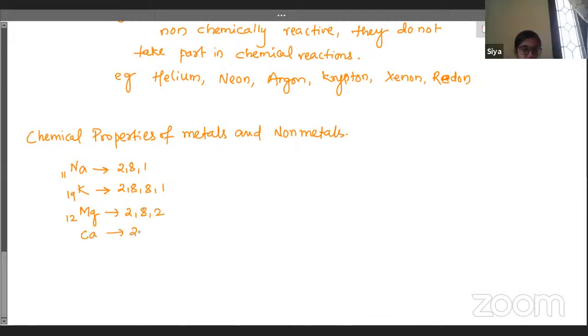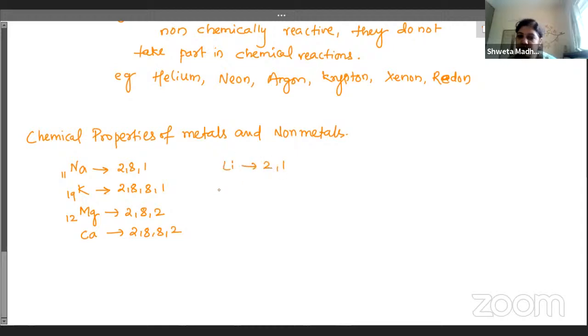Calcium, 20, 2, 8, 8, 2. Lithium, 3. Okay. So most of the metals you can see, and aluminium, 13, 2, 8, 3. Right. Beryllium, 4.